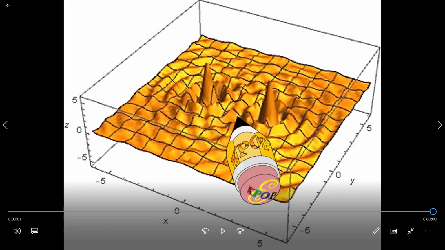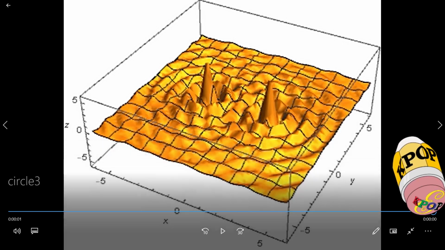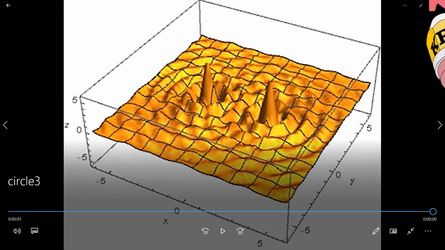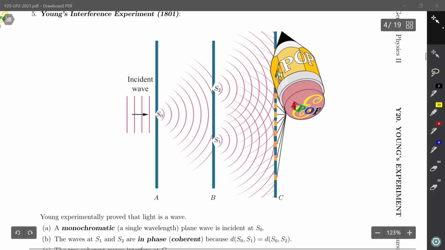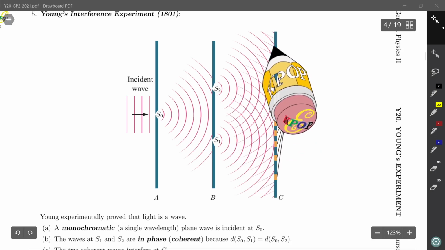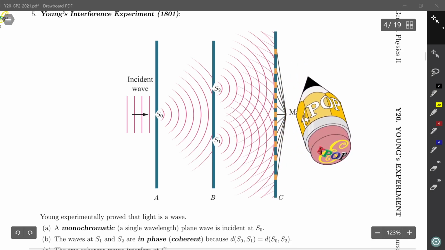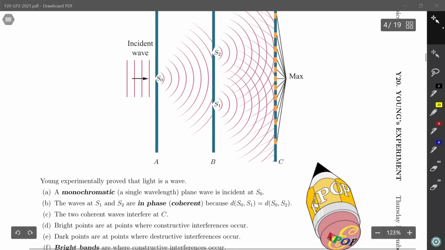So here, the fringe means the strength of the interference of the resultant wave. We can observe the intensity of the light, which is wave in nature, fluctuating on the screen.